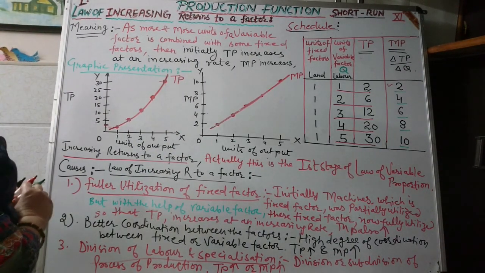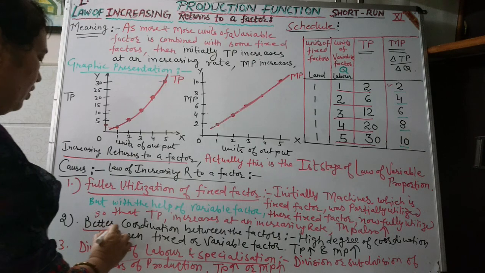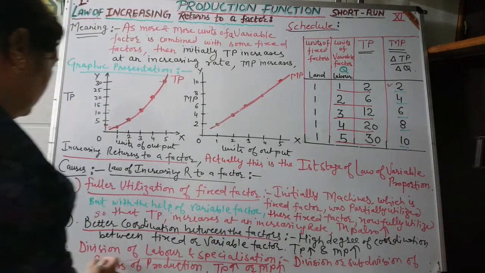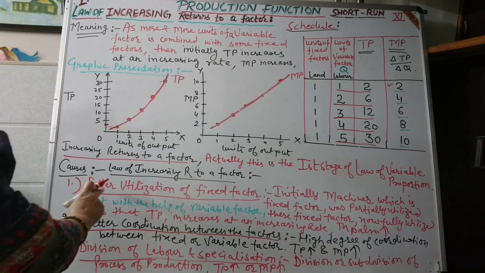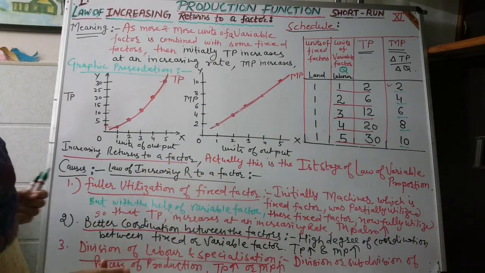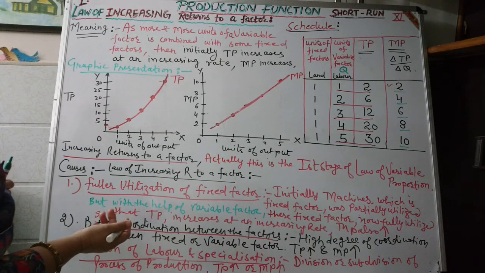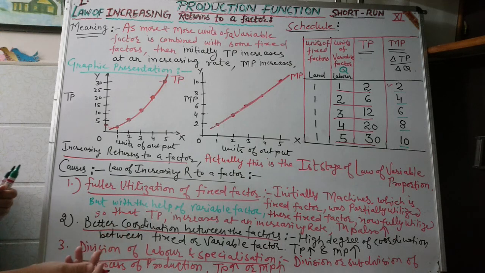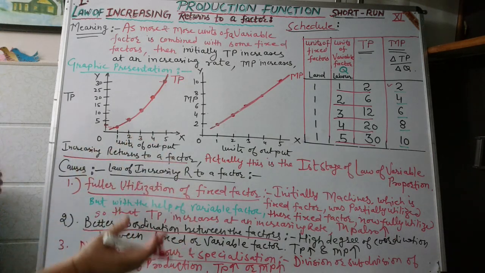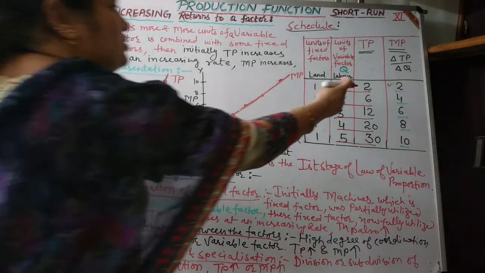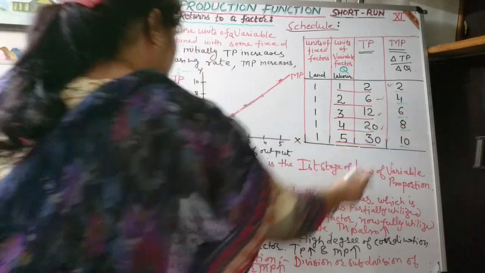So these are some common causes why increasing returns to a factor applies. Number 1, fuller utilization of fixed factors. Initially fixed factors were not fully utilized, and with the help of the variable factor, the fixed factor now gives fuller utilization, so that total production increases and ultimately marginal production also increases.